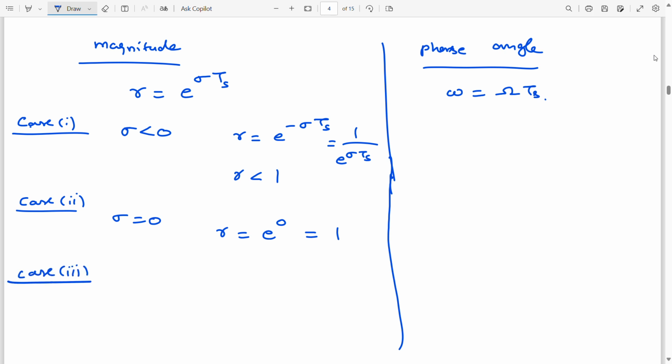Case 3, if sigma is greater than 0, that means sigma is a positive value, R equal to e power sigma Ts, that means R is greater than 1. With these three cases, we represent the poles on the S plane and the poles on the Z plane. In such a way, the mapping of poles on the S plane is done.